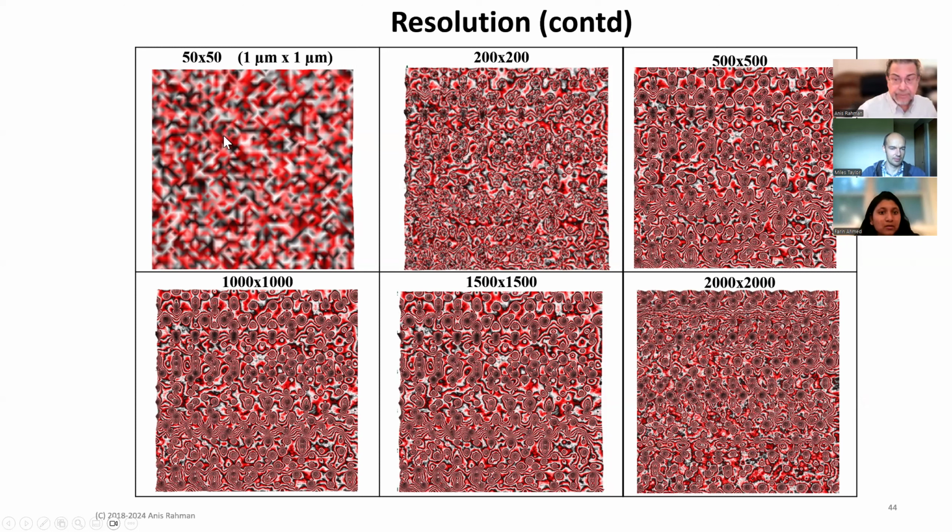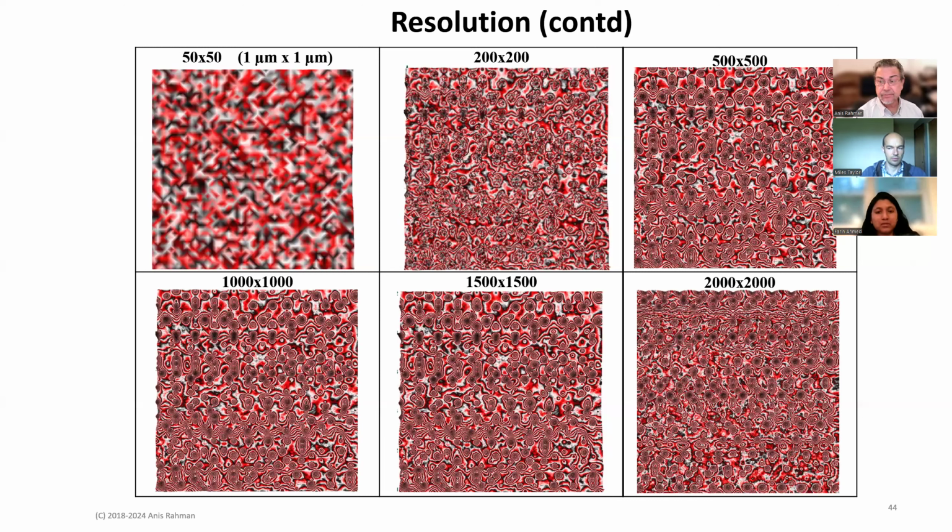Starting from 50 by 50, if you go to 2000 by 2000, the image details become very, very clearly visible. Only thing is, the higher this grid number, the longer it takes for the image manipulation or image generation. So a lot of times it becomes necessary to do that.